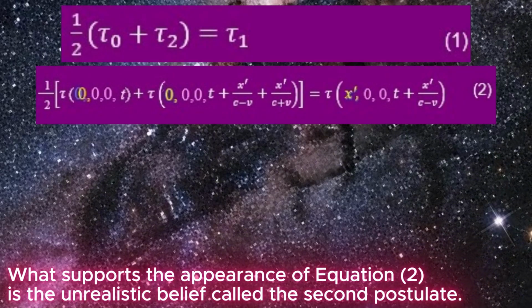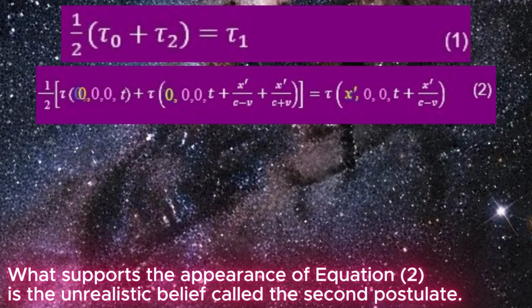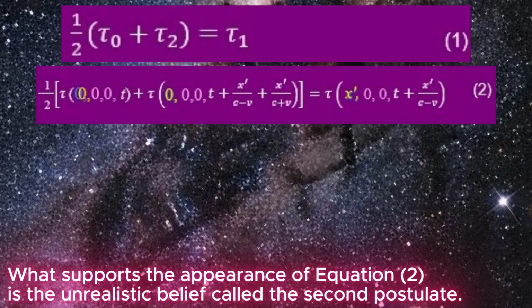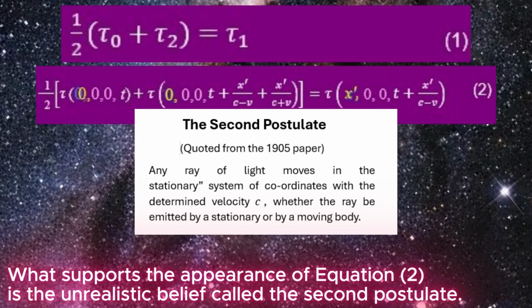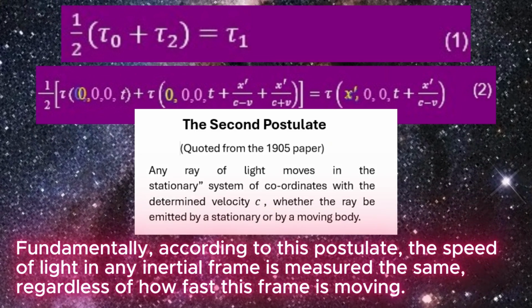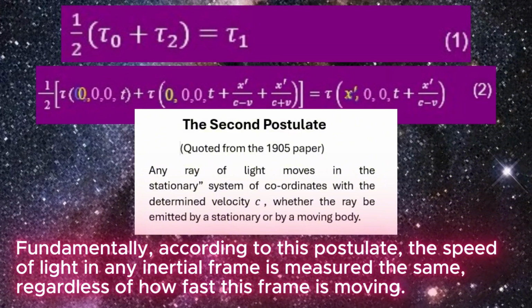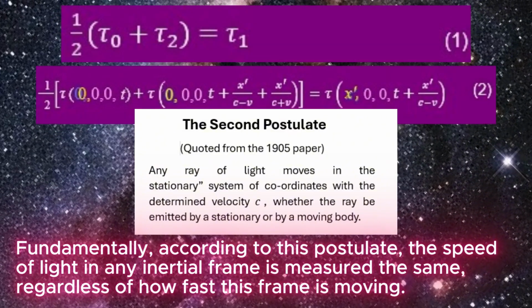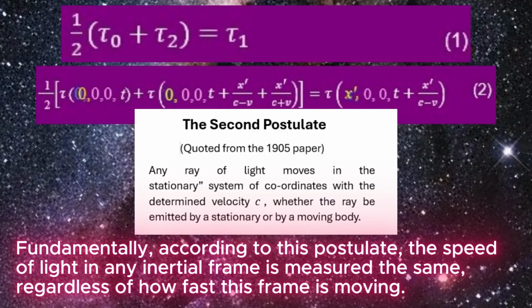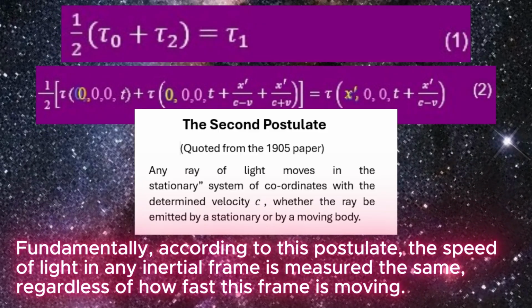What supports the appearance of equation 2 is the unrealistic belief called the second postulate. Fundamentally, according to this postulate, the speed of light in any inertial frame is measured the same, regardless of how fast this frame is moving.